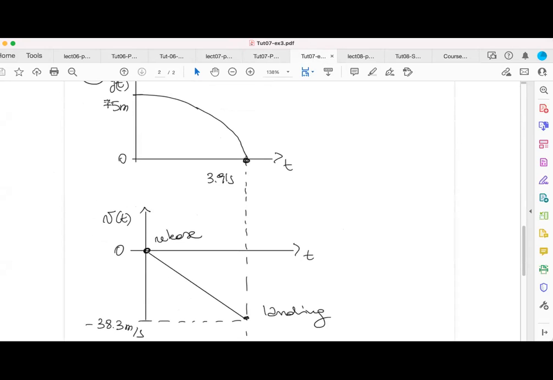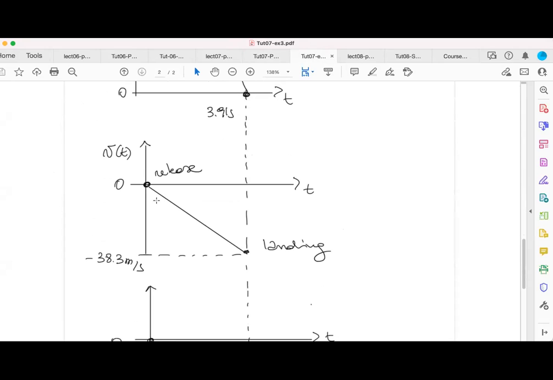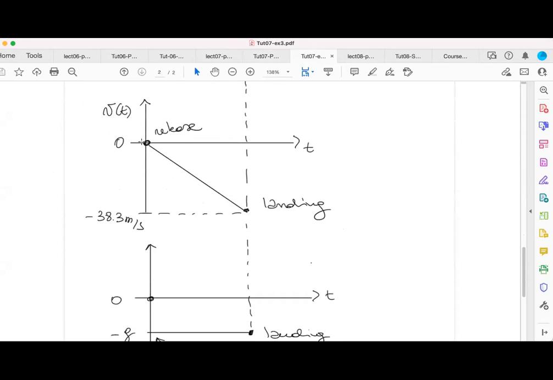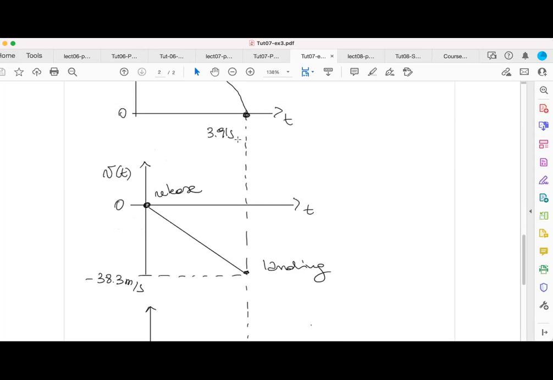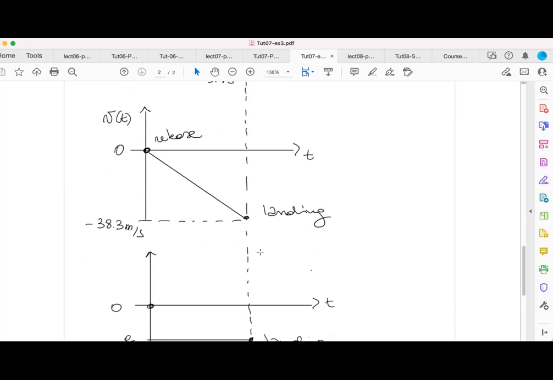We start at 75 meters, and after 3.91 seconds, which is what we found in the first question, it lands at 0. The velocity, instead, we start from 0, and with negative velocity, we reach minus 38.3 meters per second, of course at the same time, 3.9 seconds, when the stone is landing on the floor.